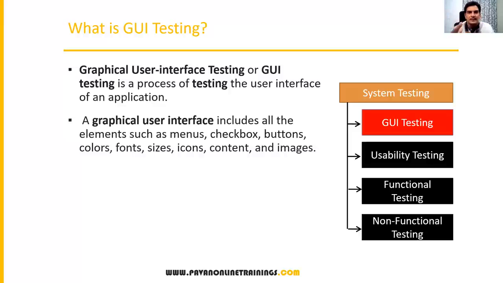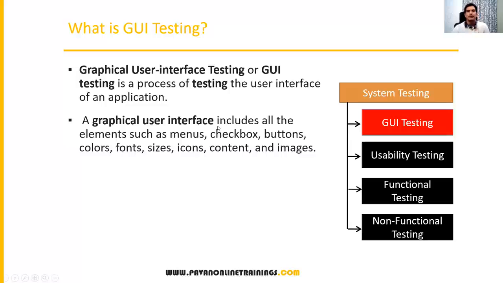Even testing can be done in two different ways, front end and back end testing. Here GUI testing is mainly focusing on the front end part, the UI part, where we can interact with the application. Graphical user interface testing, or GUI testing, is a process of testing the user interface of an application.